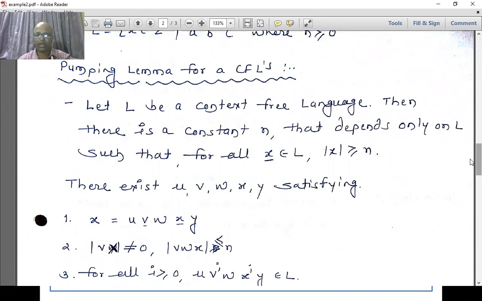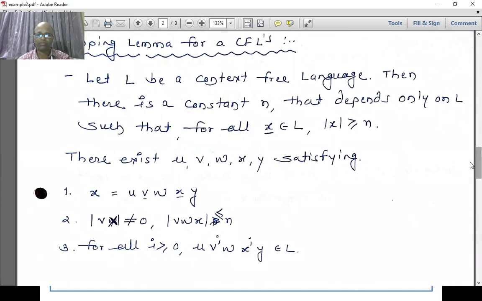If, after pumping up and pumping down, we can generate a resultant string which is not in the language, we have easily proved that the language is non-context free.